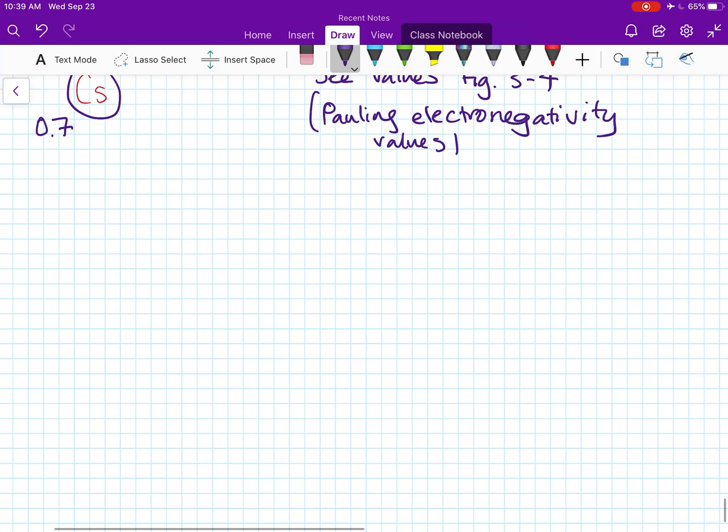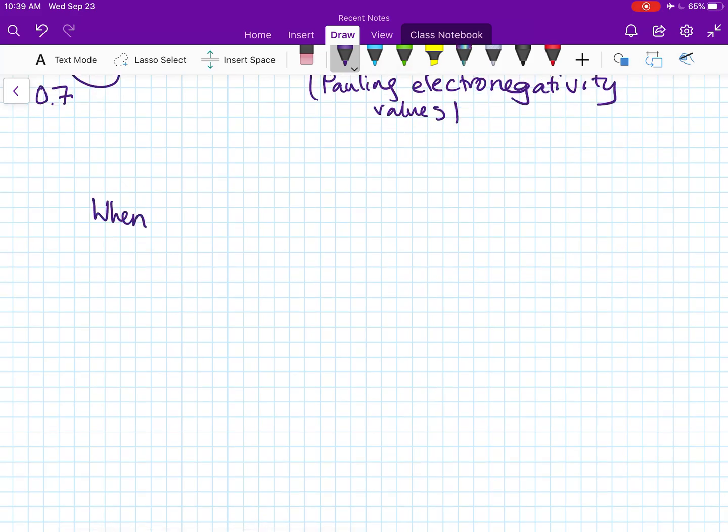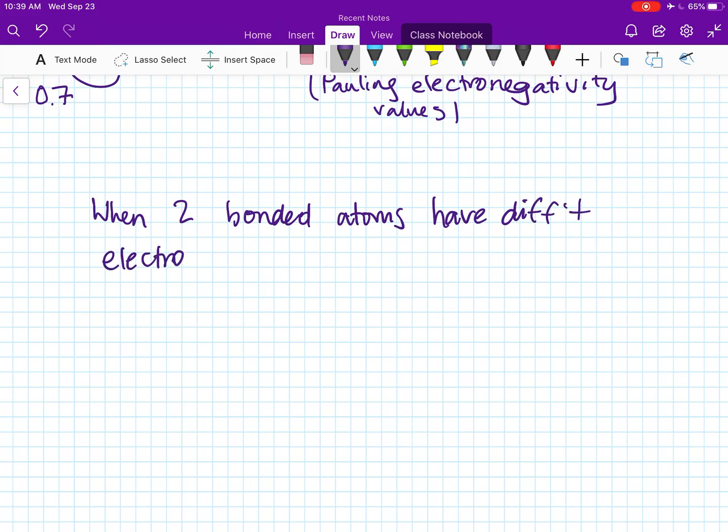So when two bonded atoms have different electronegativities, this creates a partial positive or negative charge on each of the atoms. And we call that a polar bond.